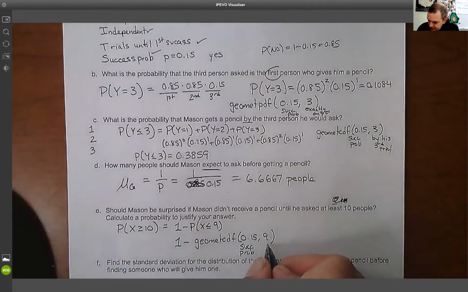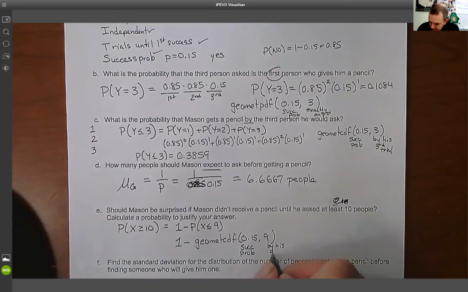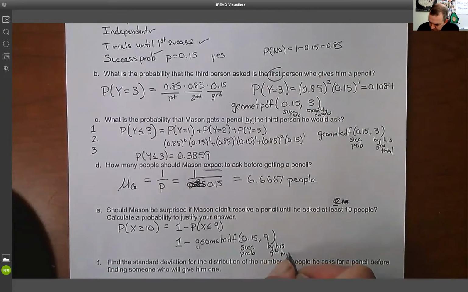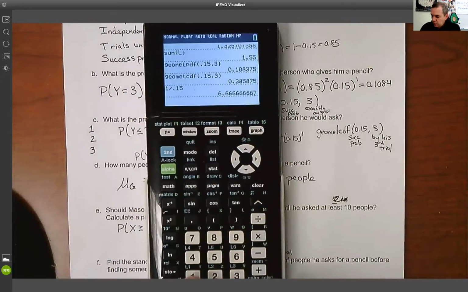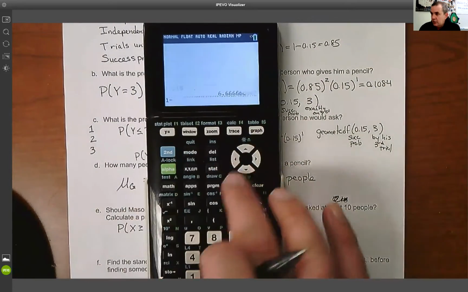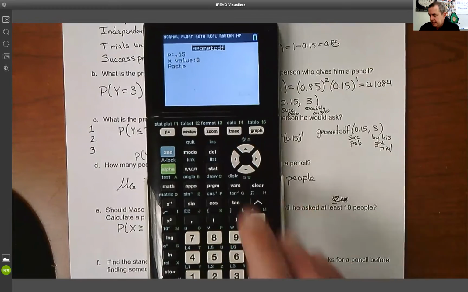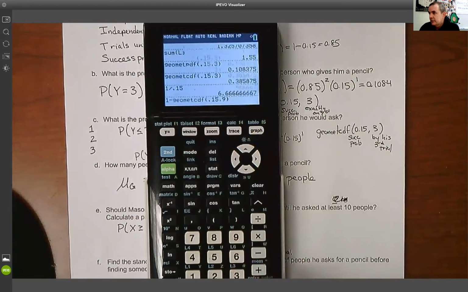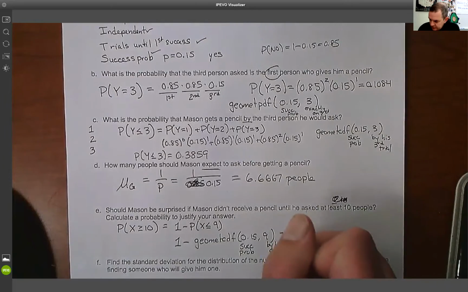And this is saying by his ninth trial. So again, go back to the calculator: 1 minus second bars, geometric CDF, and I'm going to make it 9. In this case, I get 0.2316.